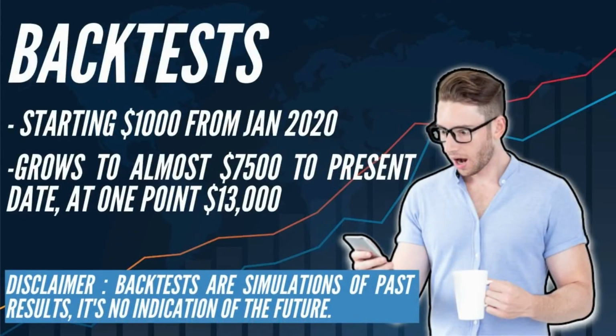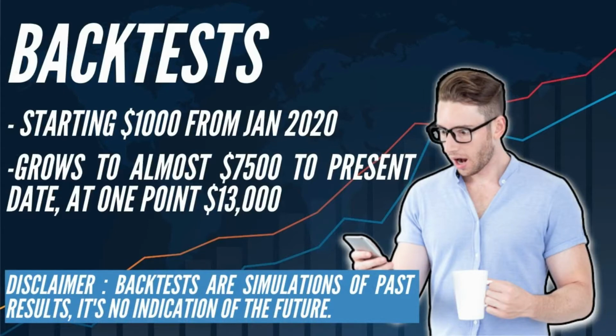Okay, the back tests. So we start with $1,000 from January 2020, and the account grows to almost 7,500 to the present date, which is July 2020. At one point, the equity curve goes up to $13,000, and obviously it's been quite a big drawdown since then.